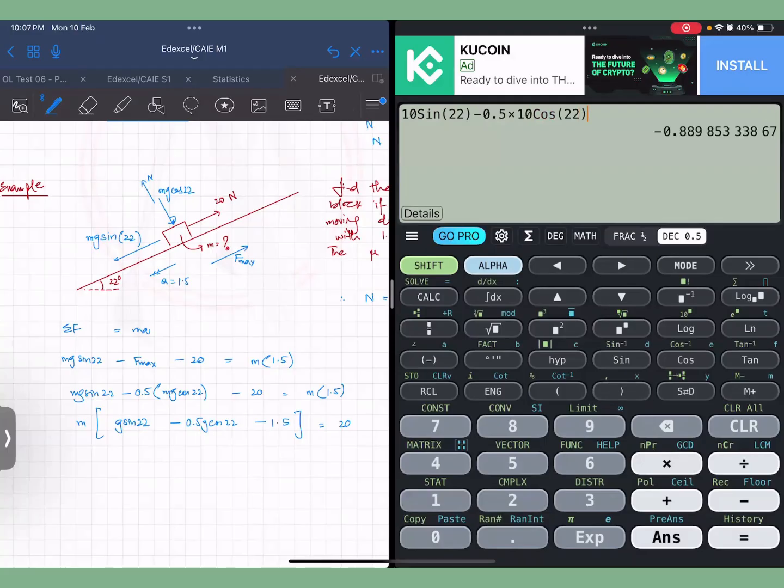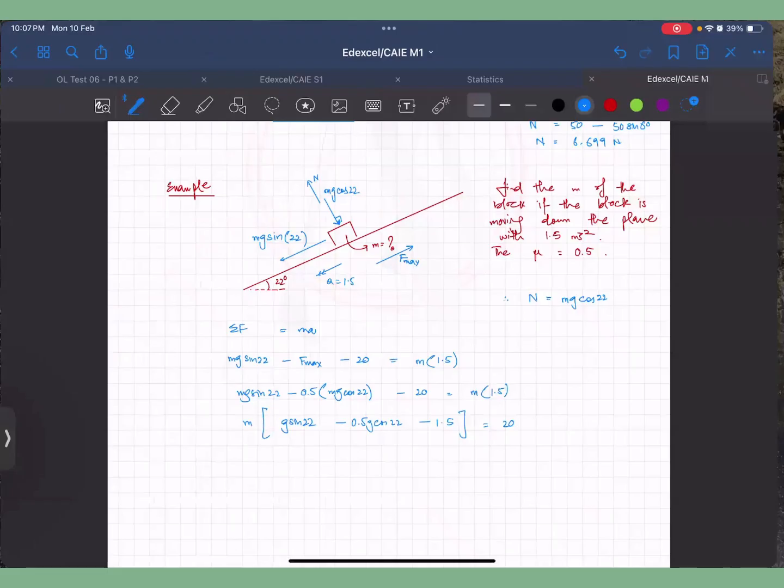My question is wrong. I'll have to change the question. It should not be negative. It should come out as positive. Let's suppose this force is also down the plane. Okay, let's change it like this.